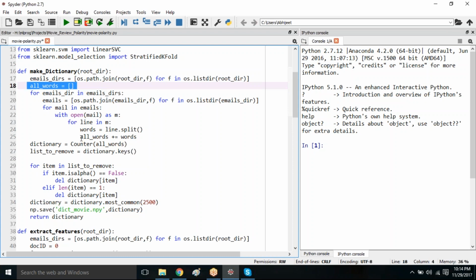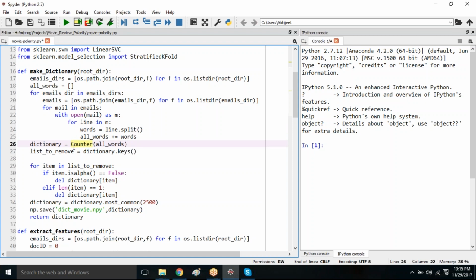So you see for line in M, I am splitting the whole line into words, and all words is equal to words. Basically these words are getting copied into all words every time. And then when you keep all the words from the 2000 files, or 1000 review files whatever, you will need a counter.